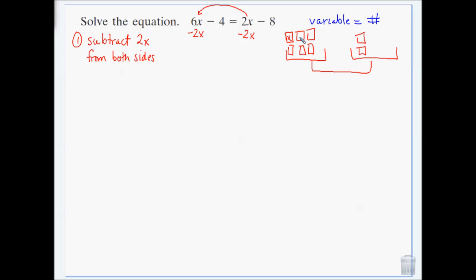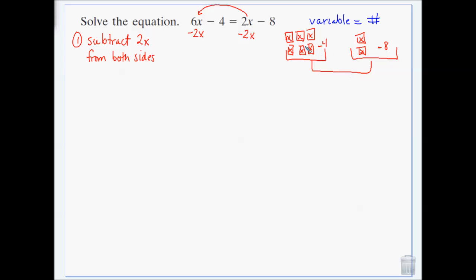And these bags all have the same amount of coins or blocks or whatever in them. Except from this side, I have taken away 4 blocks, and from this side, I've taken away 8. That's the -8. This works better as a visual with pluses, but we'll just do minuses for right now. And my job is to figure out, without opening the bags, how many blocks are inside each bag.